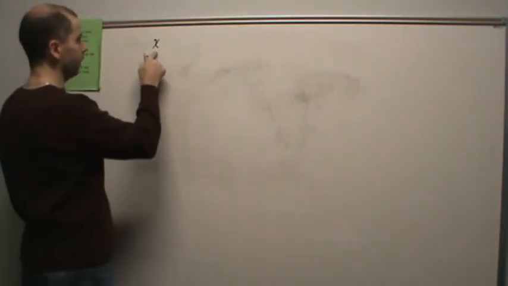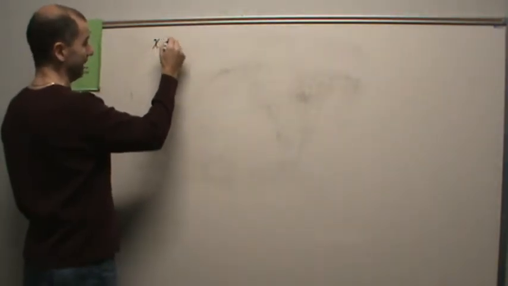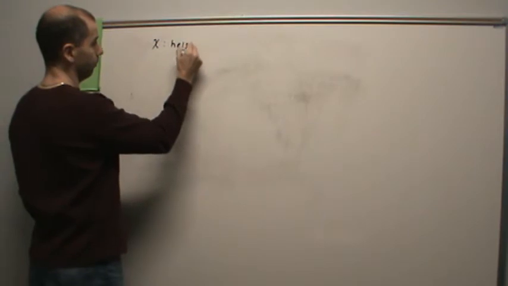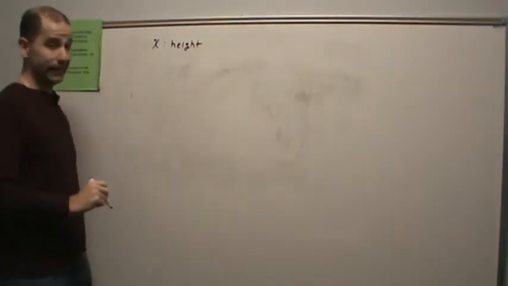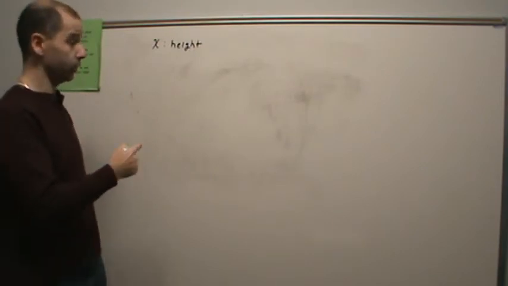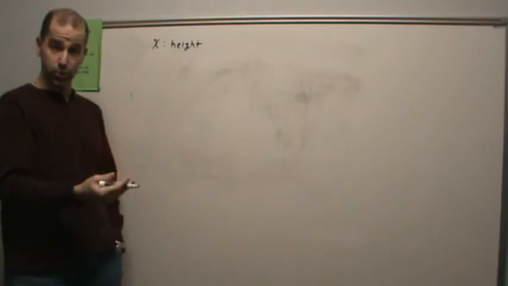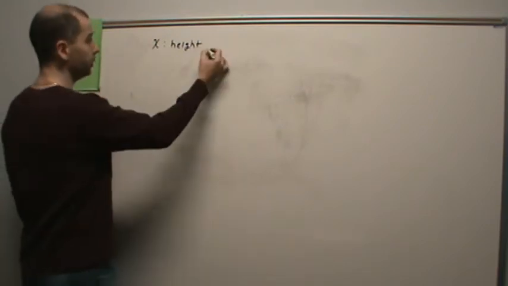So the variable could be height. Height is a numerical variable we're going to talk about. It could have many different values, but the variable that we're interested in measuring is height. Or it could be eye color.